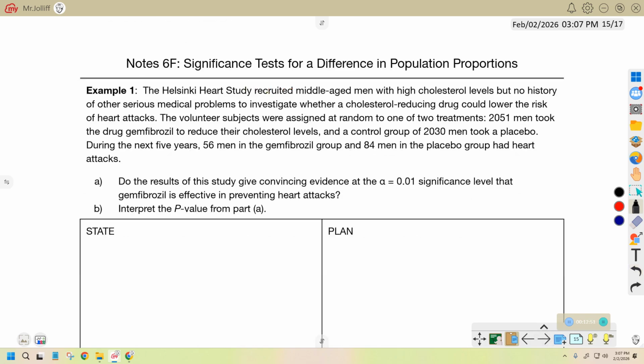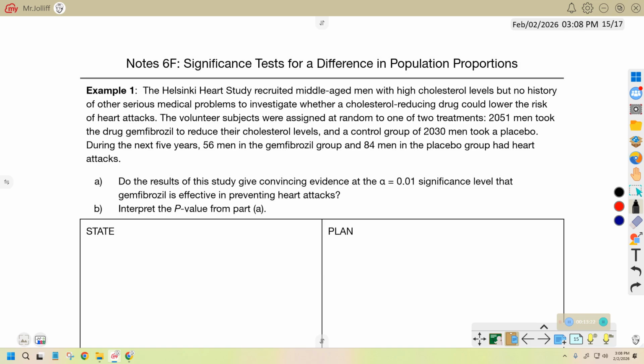All right, so it says the Helsinki Heart Study recruited middle-aged men with high cholesterol levels, but no history of other serious medical problems to investigate whether a cholesterol-reducing drug could lower the risk of heart attacks. The volunteer subjects were assigned at random to one of 2 treatments. 2,051 men took the drug that I cannot pronounce to reduce their cholesterol levels, and a control group of 2,030 men took a placebo.